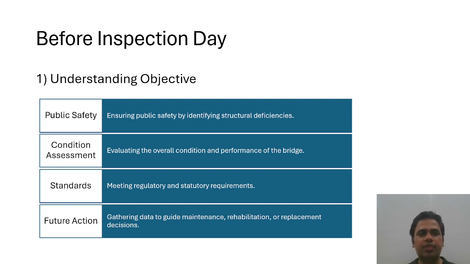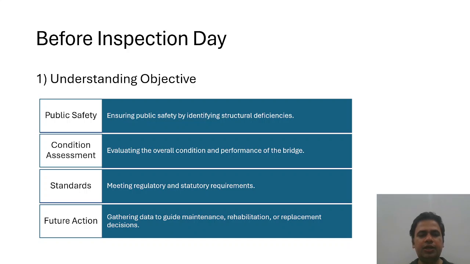First of all, you need to understand the objective of the inspection. The basic objective is public safety. The inspection is for the purpose of ensuring public safety by identifying structural deficiencies. The second objective is condition assessment. We have to evaluate the overall condition and performance of the bridge.